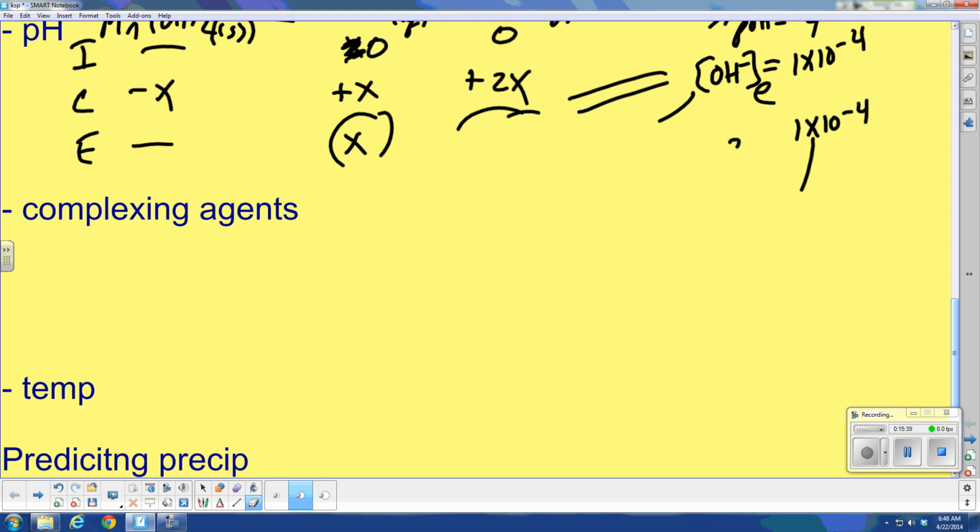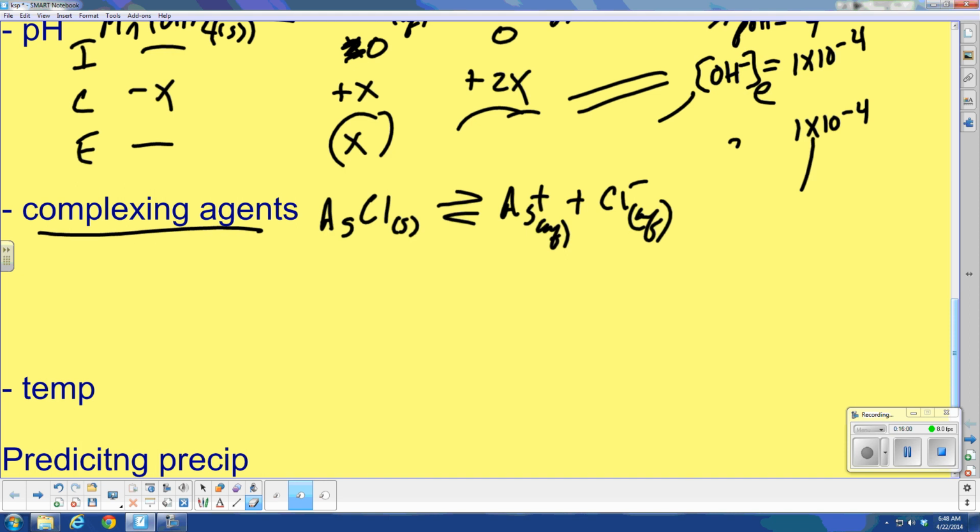One other big thing that we're going to focus on are complexing agents. So let's go with something that we know pretty well. Silver chloride solid goes to silver plus chloride minus, right? There we go. And complexes are things that form between Lewis bases and d block, mainly d block cations, which are acting as Lewis acids.